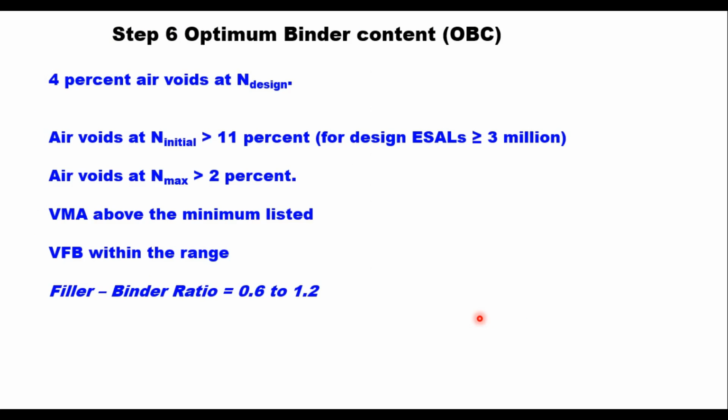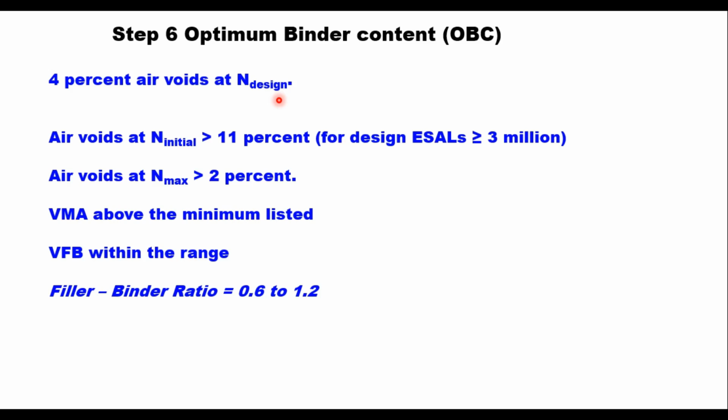And you select the optimum binder content corresponding to 4% air voids at N design, number of gyrations corresponding to N design. Then other parameters like VMA, VFB are checked at this optimum binder content, and they should remain within permissible limits.